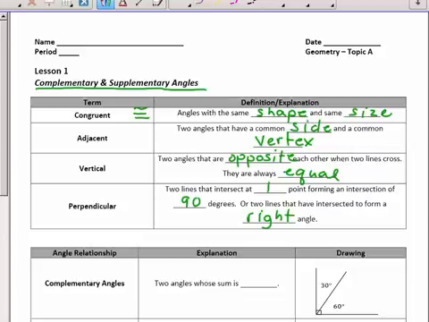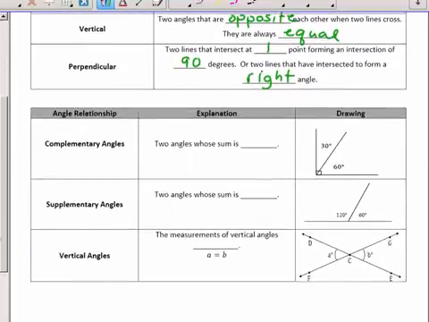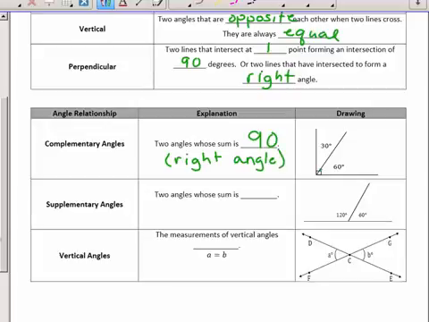Okay, so those are different types of angles. Now we're going to get into the relationships. One of the relationships we have are complementary angles. Complementary angles are two angles whose sum is 90 degrees. They make a right angle. And we can recognize the right angle because it has that little box there.